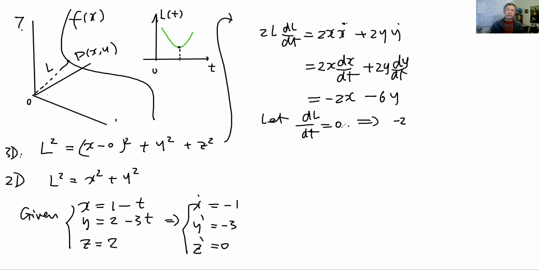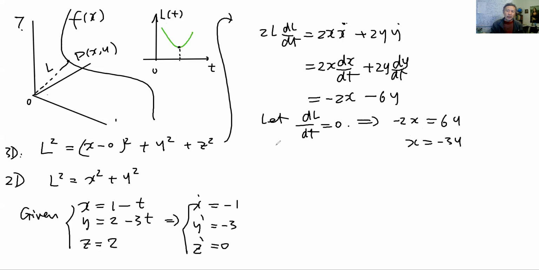Also, if x satisfies this equation, that would be fine because x is a function of t. So from here we have negative x equal to 6y, that is, x equal to negative 3y.